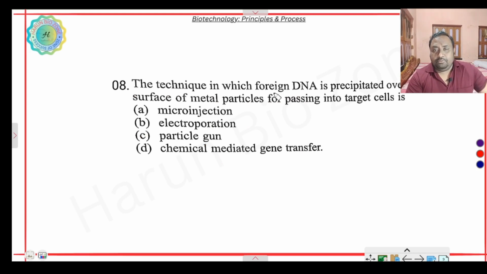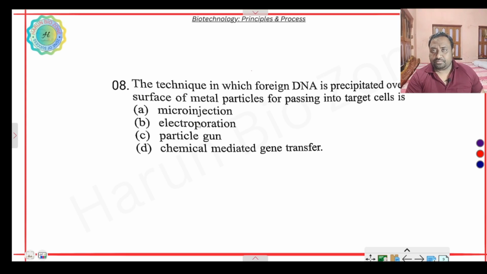The technique in which foreign DNA is precipitated over the surface of metal particles for passing into the target cell. This is the technique by which foreign DNA is transferred into the host cell. Microinjection uses a syringe through which the foreign DNA is transferred, especially into animal cells.